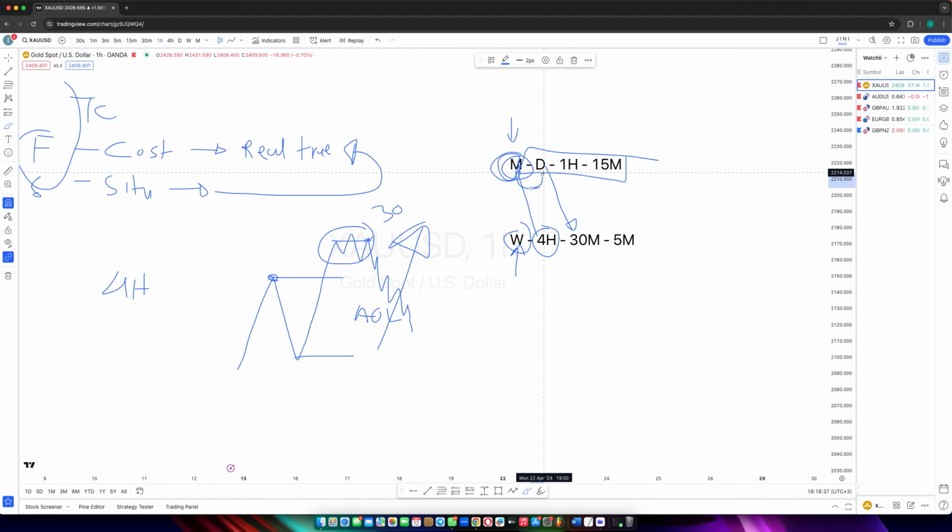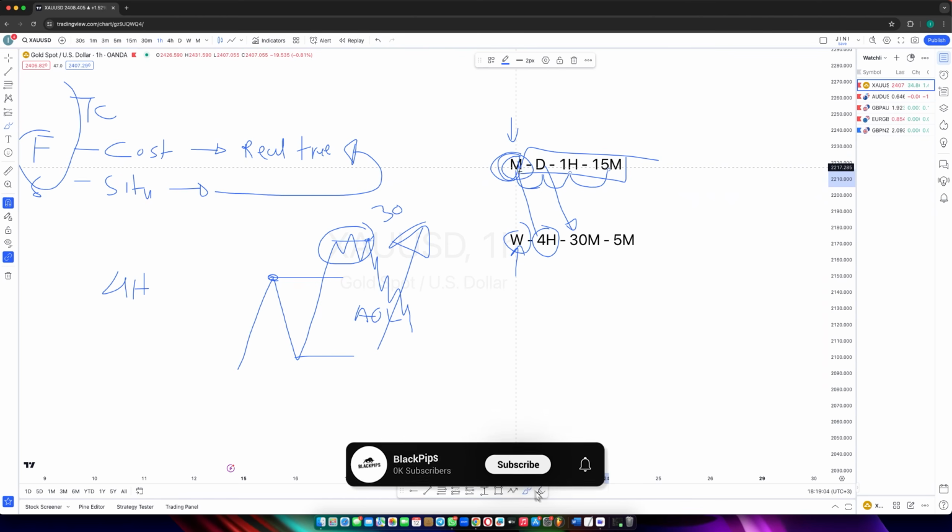But if you decided to use daily as the constant time frame, 1 hour will act as the situational time frame. But also if you decided to use 1 hour as the constant, it means 15 minutes will act as the situational time frame. So it depends on which constant time frame you are trying to use.